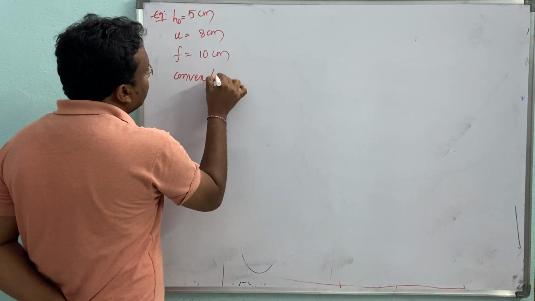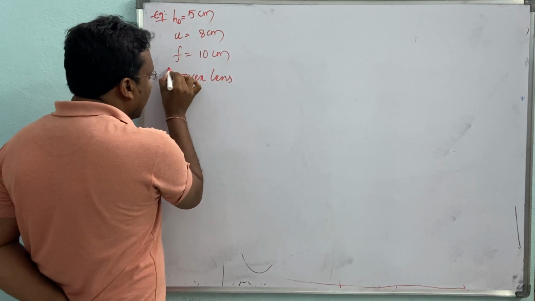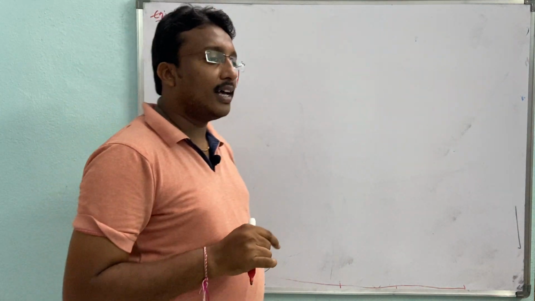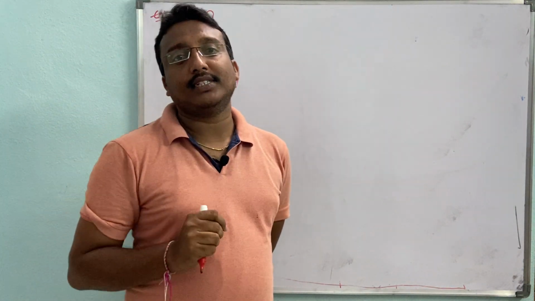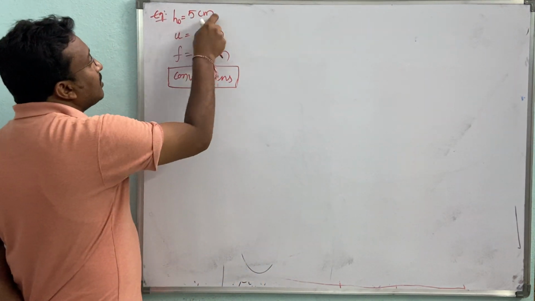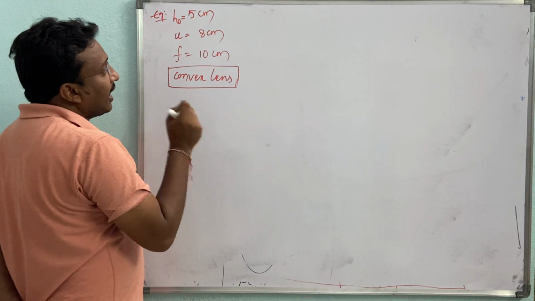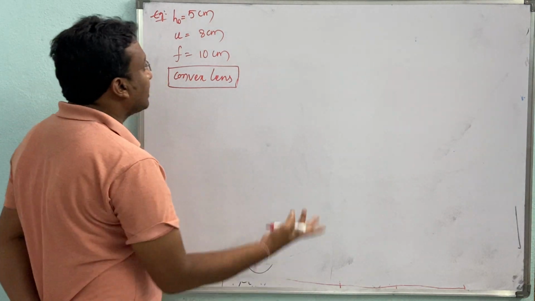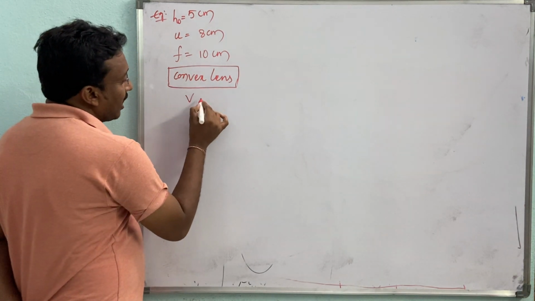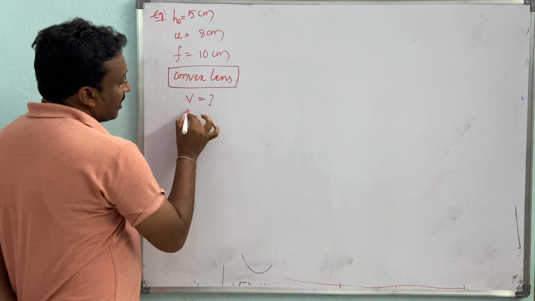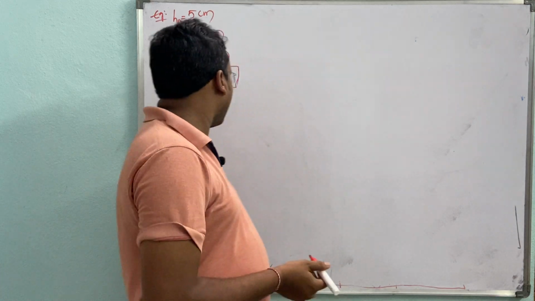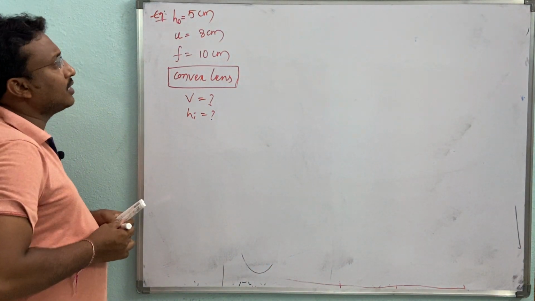Convex lens. Why, sir, are you specially saying to know the type of lens? Because sign convention changes from lens to lens. Got it? Right. Convex lens. Then the 5 centimeters height object is kept at 8 centimeters distance from the convex lens and its focal length is 10 centimeters. Here we have to find the image distance, the height of the image, and the characteristics as well. Right, okay. Now we are going to discuss.